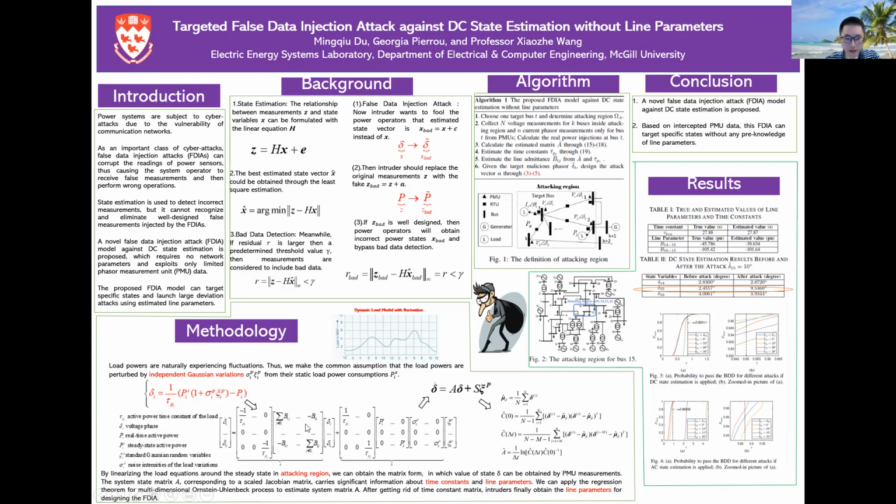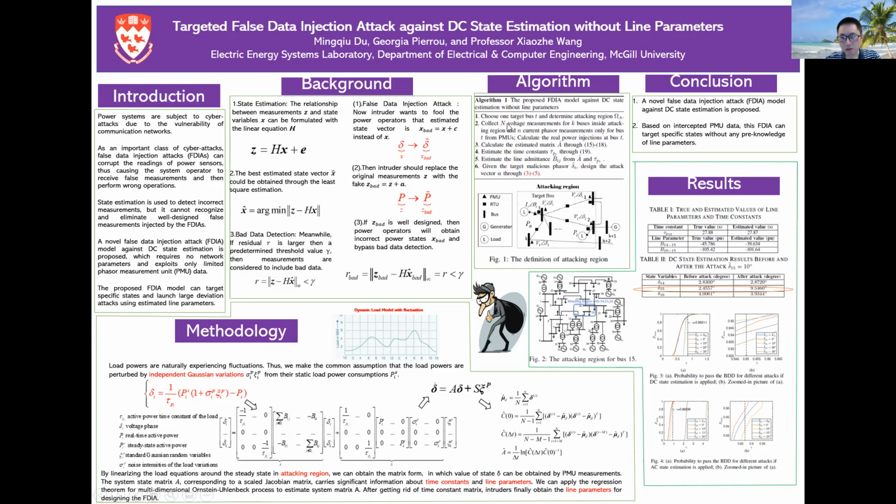Thus, we can apply the regression theorem here for the multi-dimensional Ornstein-Uhlenbeck process to estimate the state matrix A. After getting rid of the time constant, the intruder finally can obtain the network parameters needed for the full state injection attack.